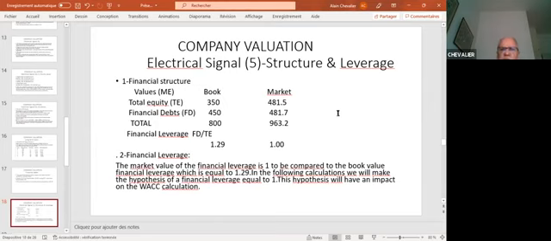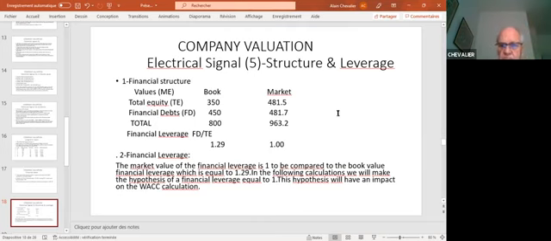Now, if we calculate a proxy of financial leverage, which is also here, the relation between the financial debts, including leasing and including the short-term financial debt, compared to the total equity, before making the calculation and taking only the book values, we found 1.29.